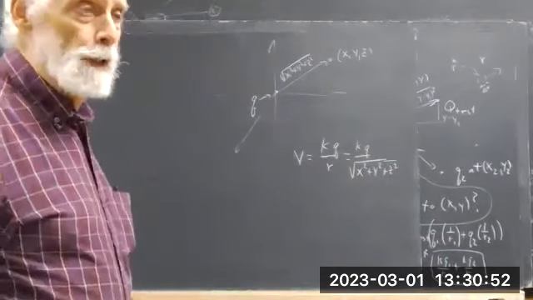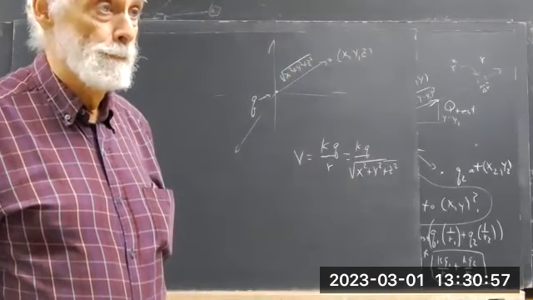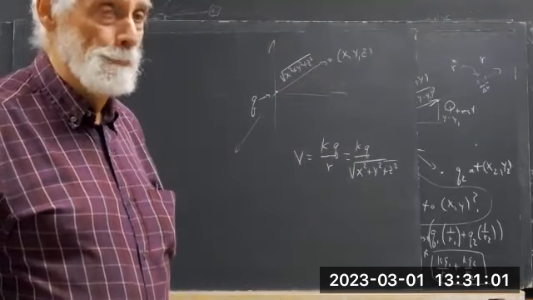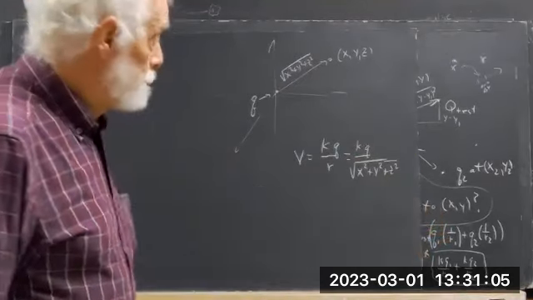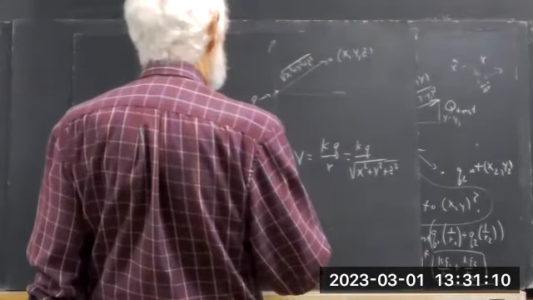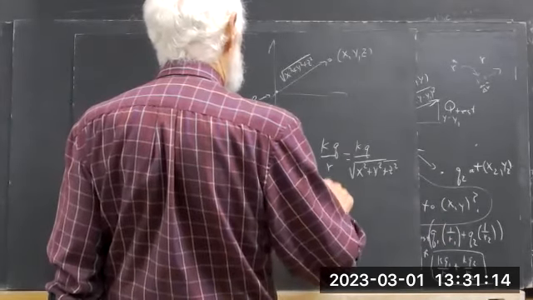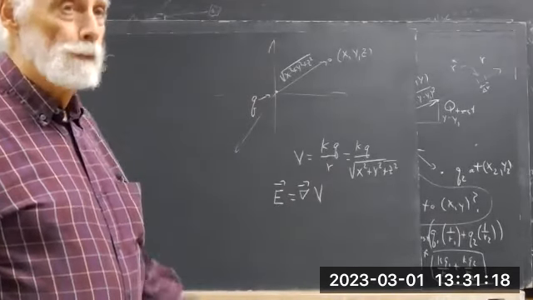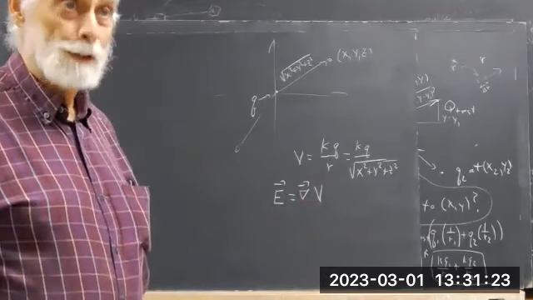Okay. Now your book gives you a formula for finding potential, or for finding the electric field if you know the potential. You don't need that formula because what did we do yesterday?